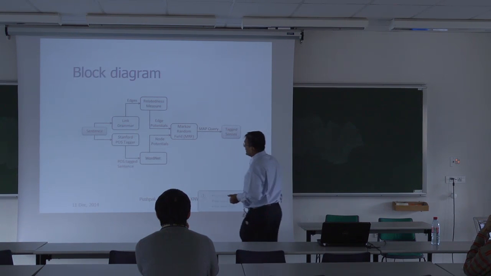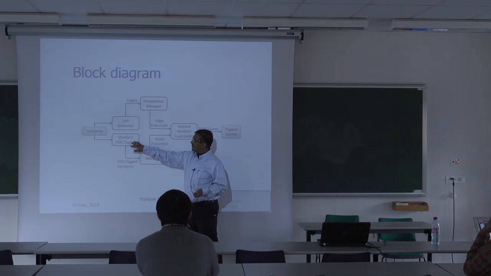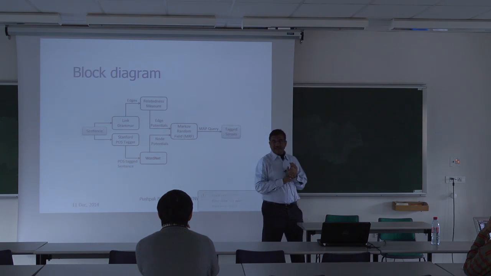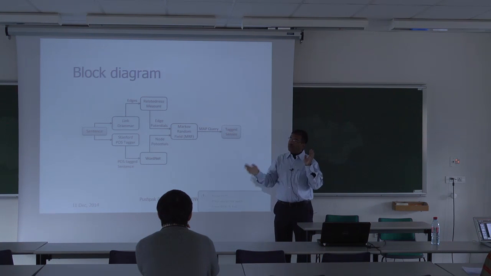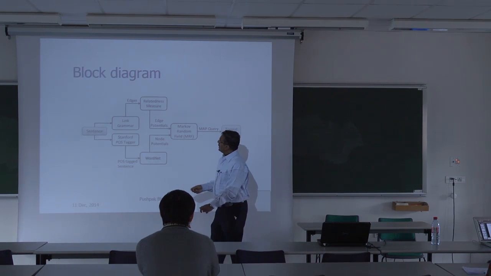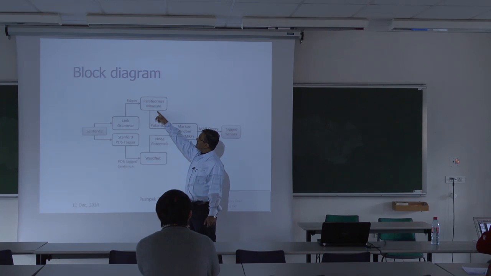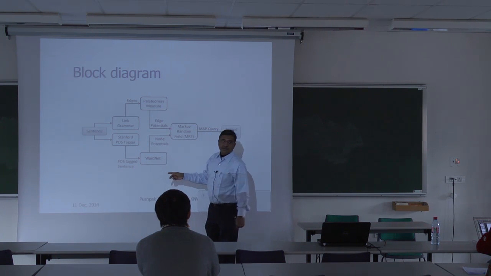The block diagram is as follows. Given a new sentence, we use the Stanford POS tagger and link grammar to capture the dependencies. Not all words are useful for disambiguation. Only dependent words are useful. Then these are used to create nodes and edges.